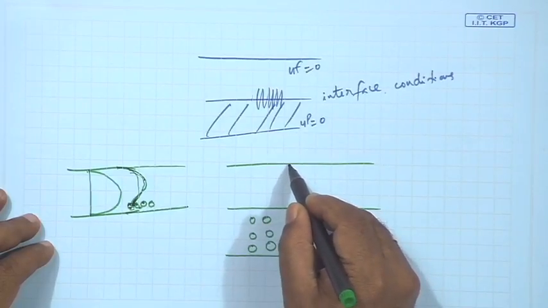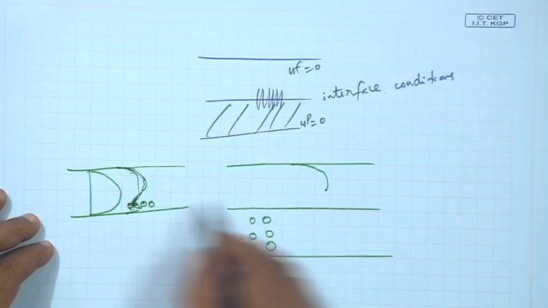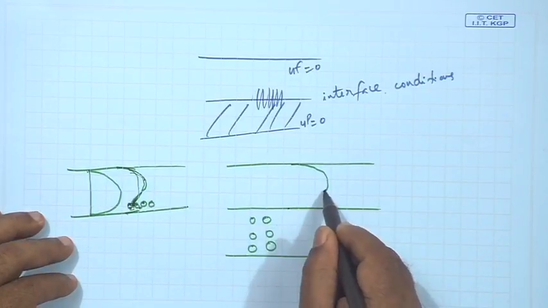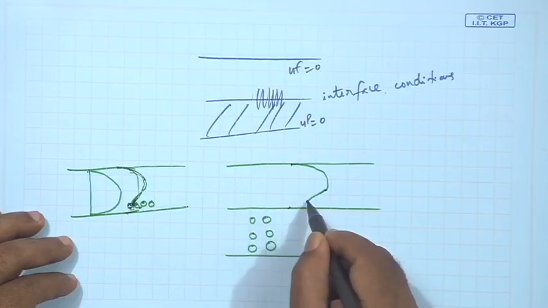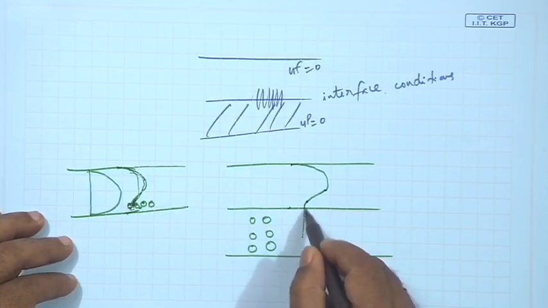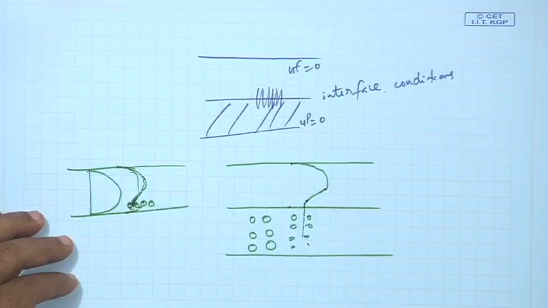So, in this case what you expect is, we expect no slip for the non-porous, but there is some percolation happening here. So, it is not completely no slip, exactly symmetric, but some flow percolates. Okay. So, that is what we expect, and of course, this depends on the porous packing, how it is, right.